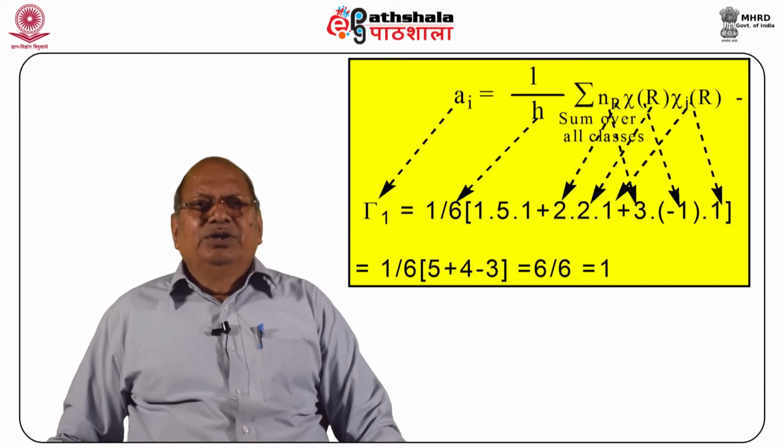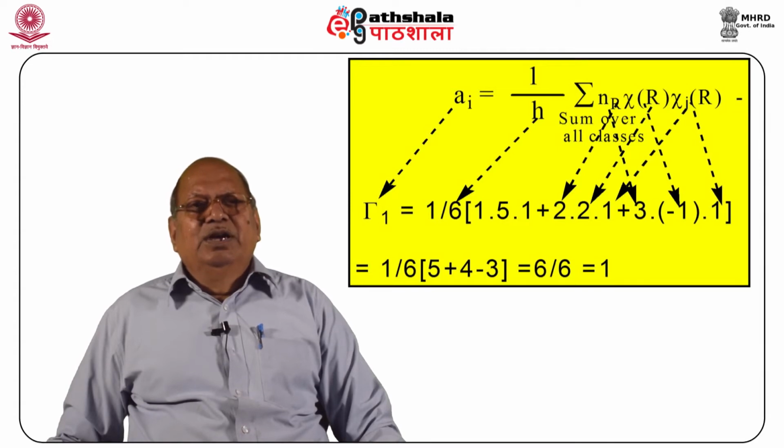That is, we have to take 1 by 6 within bracket, the number of operations in the class into the character for the reducible representation for operation R, and then the character of the ith irreducible representation for that operation.